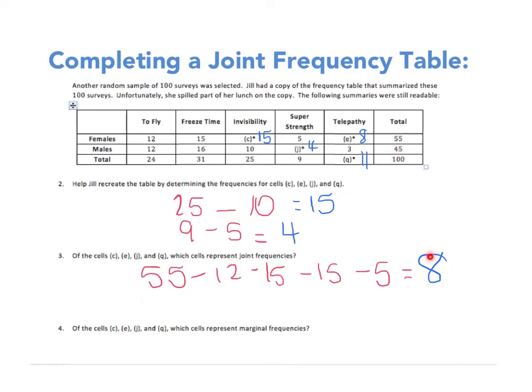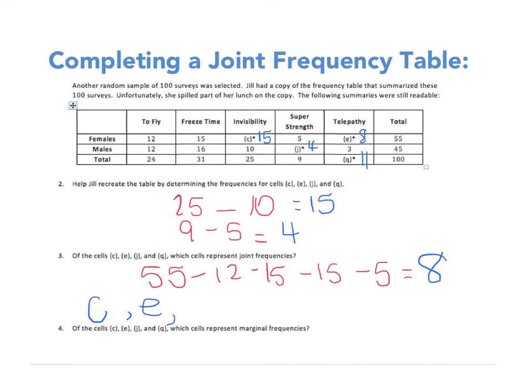And I wrote this down here. I shouldn't have. This actually goes up here with this problem still. Of the cells C, E, J, and Q, which represent joint frequencies? So remember, that's in the middle of the table where you're just comparing 2 categorical values. So C is definitely a joint frequency. E is also a joint frequency because it's just joining together females and telepathy.